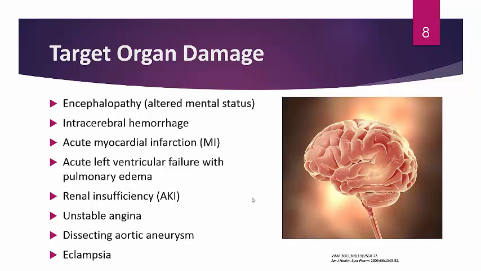Well, according to the JNC 7 guidelines back in 2003, target organ damage can be defined as encephalopathy or altered mental status, intracerebral hemorrhage, which is essentially a type of brain bleed, acute myocardial infarction or heart attack, acute left ventricular failure with pulmonary edema, which you would commonly see with a CHF exacerbation, for example, renal insufficiency, so essentially acute kidney injury or AKI, unstable angina or unstable chest pain, a dissecting aortic aneurysm, or essentially an aneurysm or dilatation of the aorta to where the aorta actually breaks off and dissects, resulting in the creation of a true and a false lumen, which may be fatal.